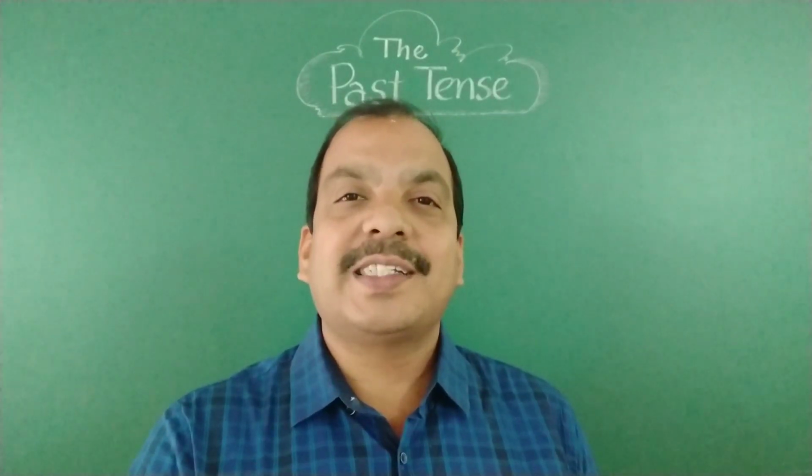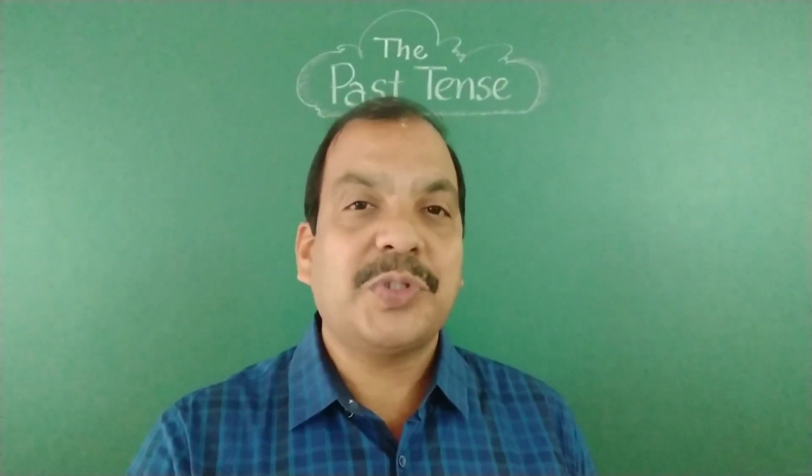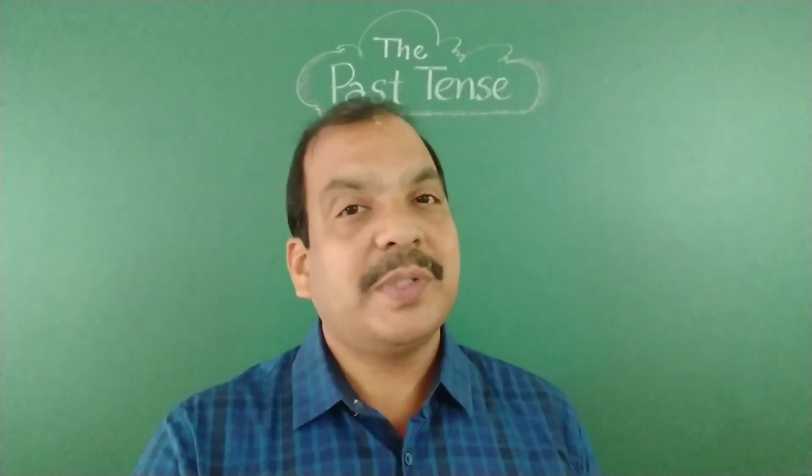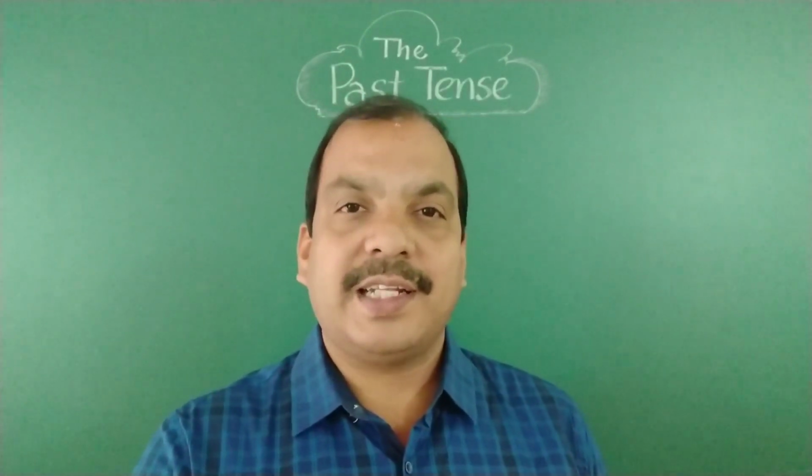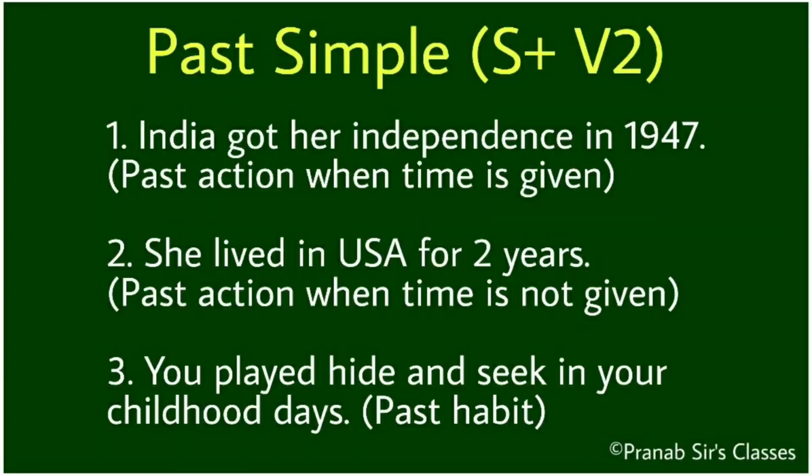So let's start with the use of past simple. What are the different situations where we have to use the past simple tense and aspect? See, India got her independence in 1947. A particular time in the past, 1947.